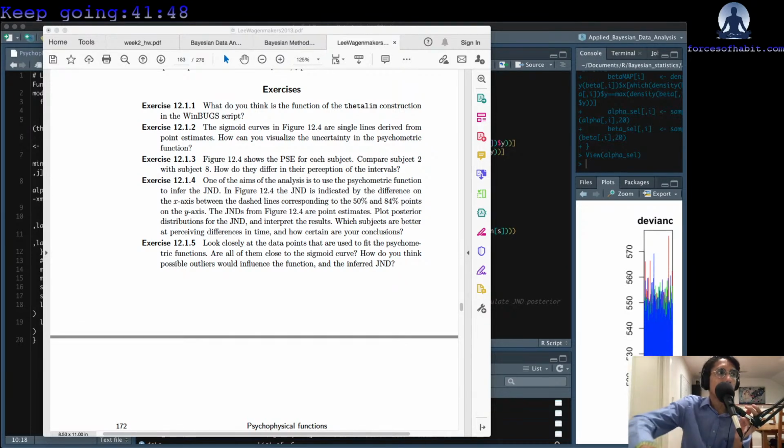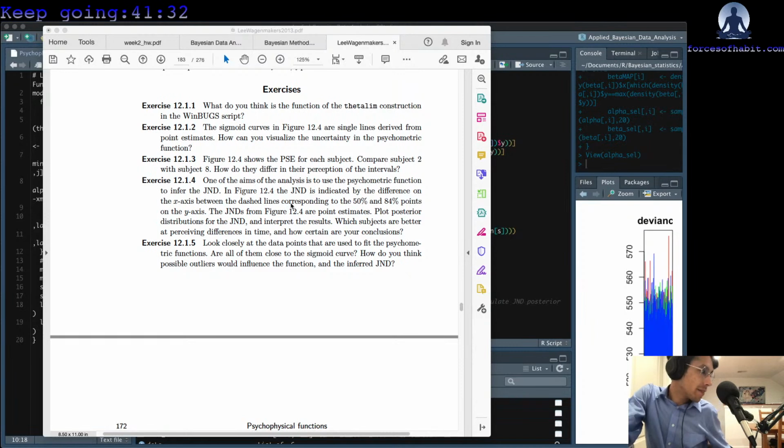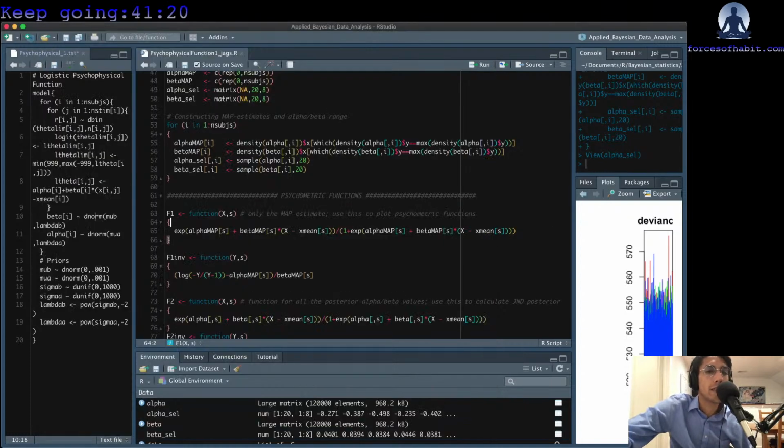Okay. So it's something to do with sampling from the posterior distribution, the joint posterior distribution between alpha and beta, and in doing so, getting a range of possible values, a range of possible curves for a given subject, right?